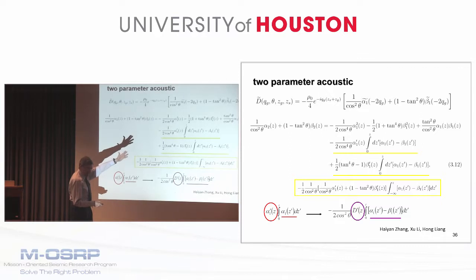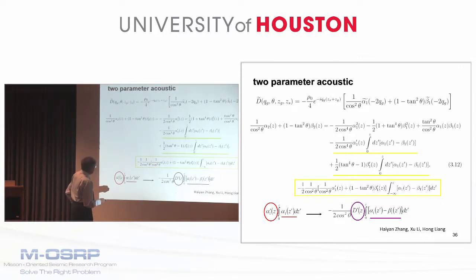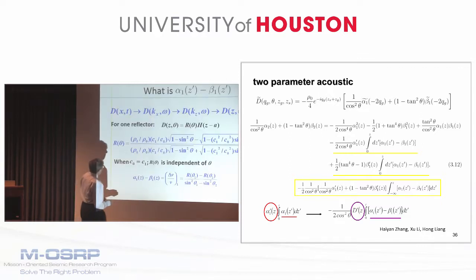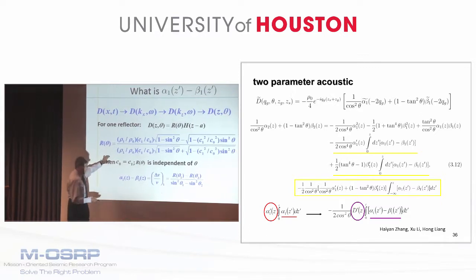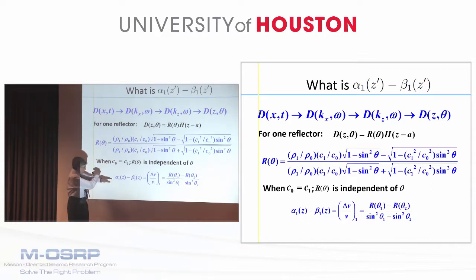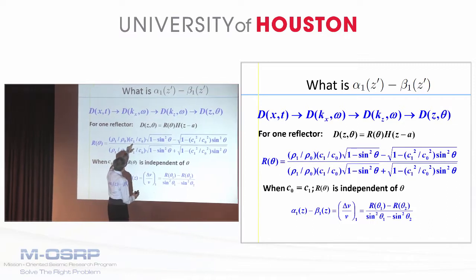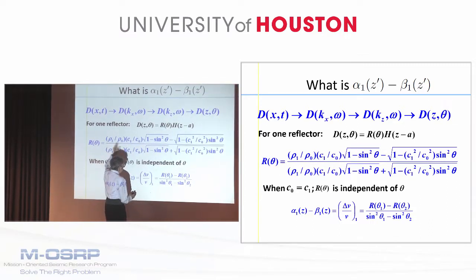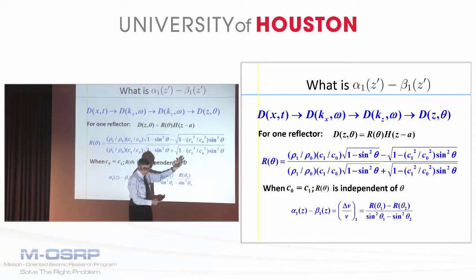Alpha 1 steps, yes? Boxes. But here's the point. Here's an acoustic reflection coefficient, a perfect formula, yes? This is like Zoeppritz for acoustic. This says the reflection coefficient, perfect reflection coefficient across a boundary, cares about C0, C1, rho 0, and rho 1, and angle. This is the formula, okay?